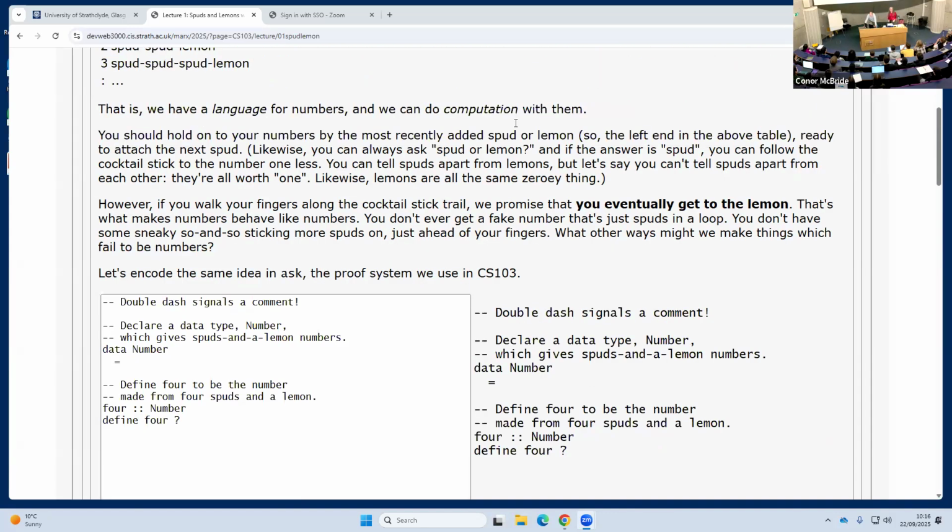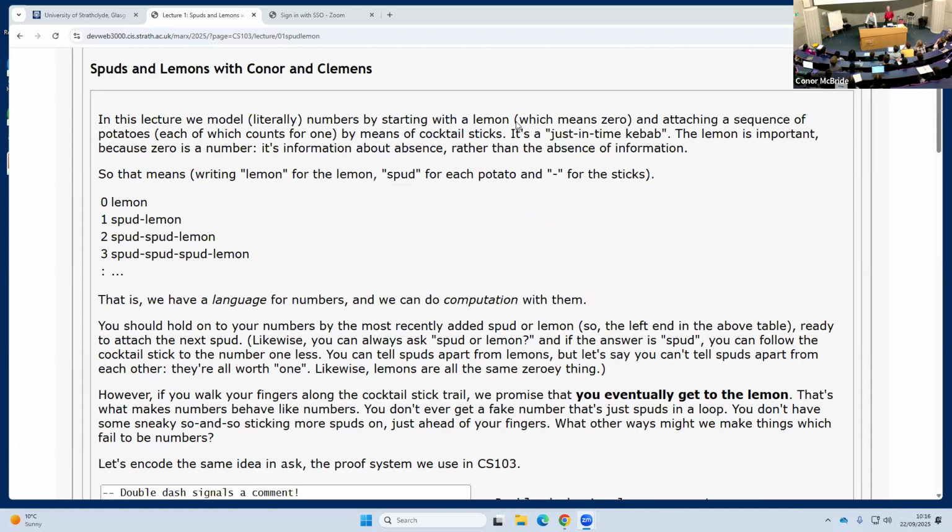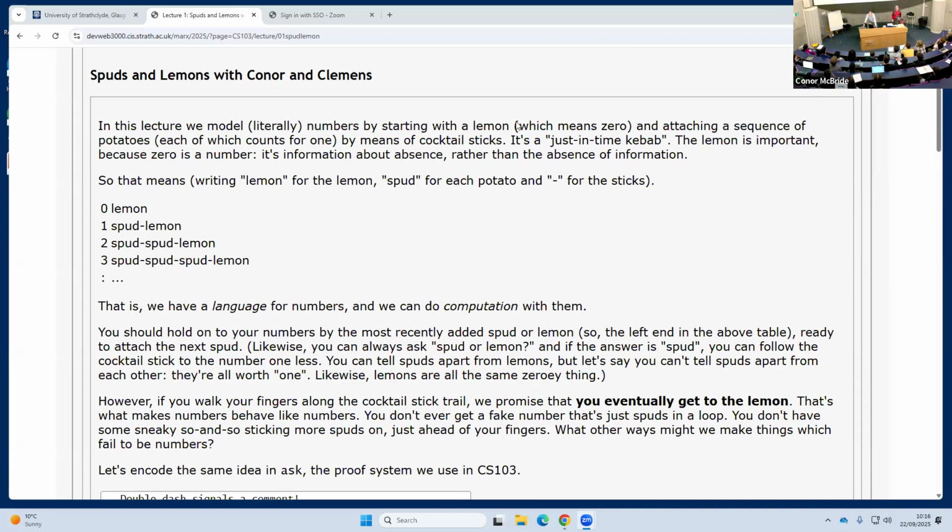So this subsystem is called Agda, and it's a system that enables you to write programs and do proofs. And Clemens has never used it before in his life, so I've got to teach him as well as you. One important thing about it is that it starts off knowing nothing.